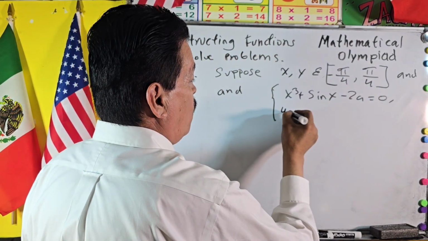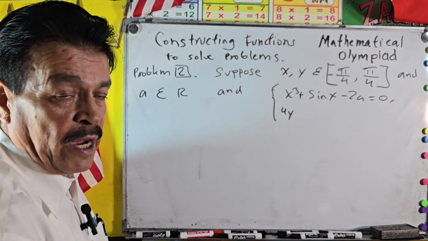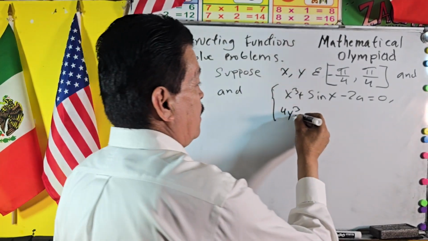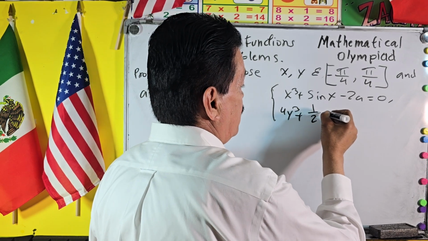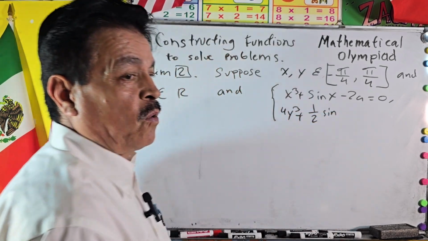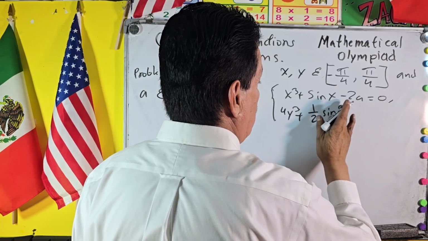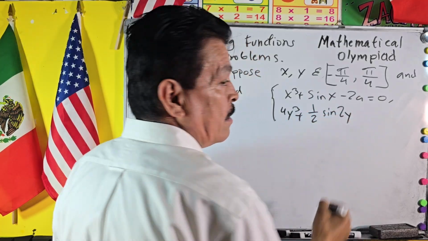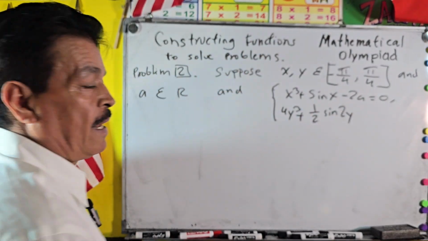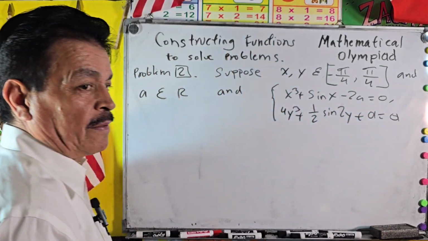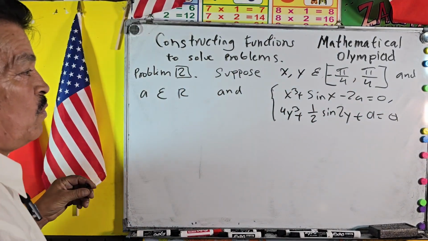The second one, 4y to the third power plus 1/2 sine 2y plus a equals 0. We have to work with that problem.